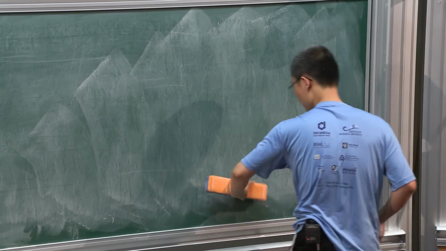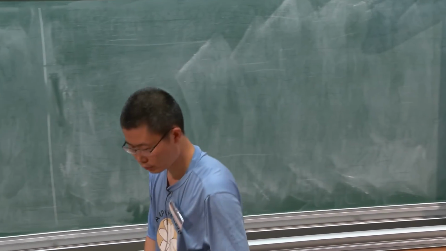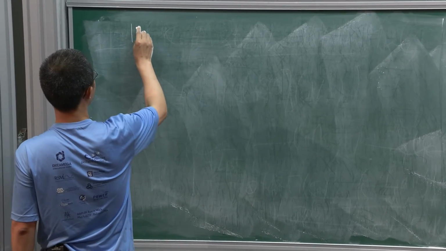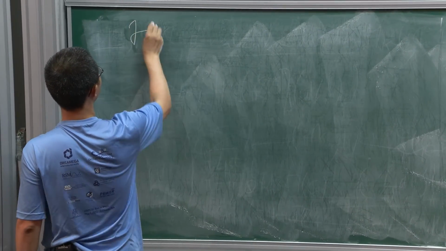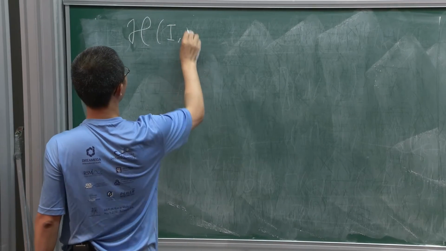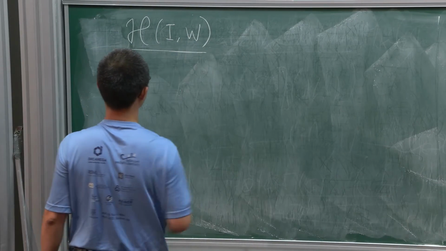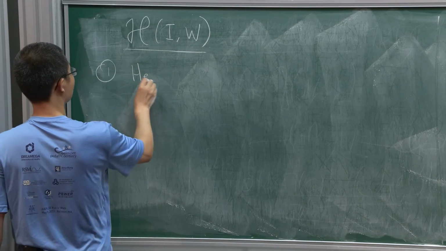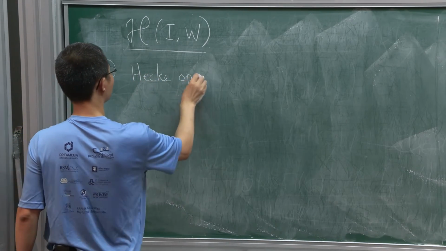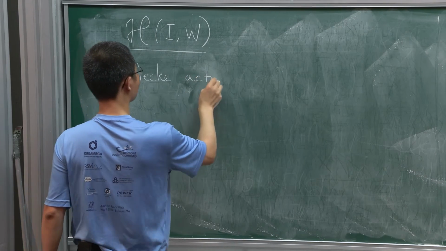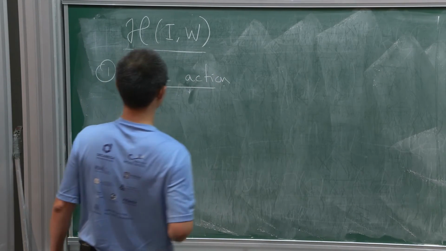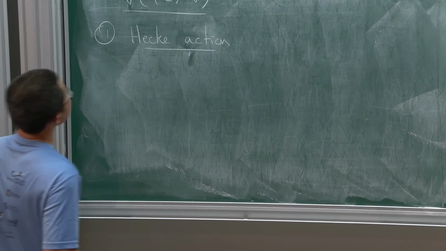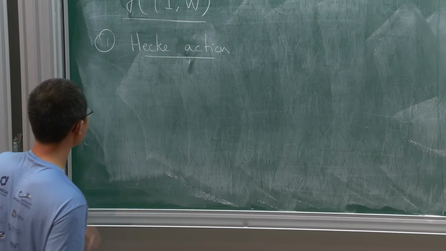Then I'll state 3 structures on these cohomology sheaves. First, the Hecke action. This is more or less clear by now.